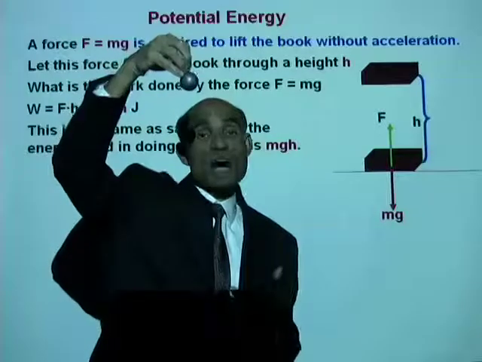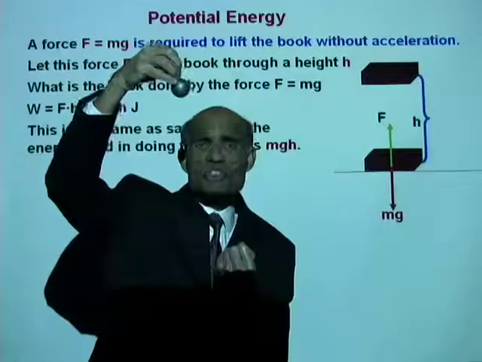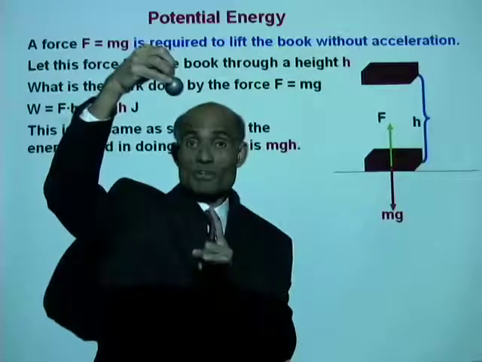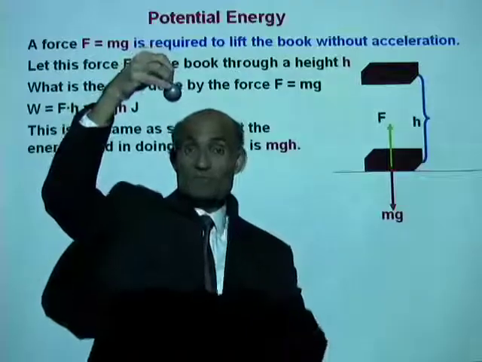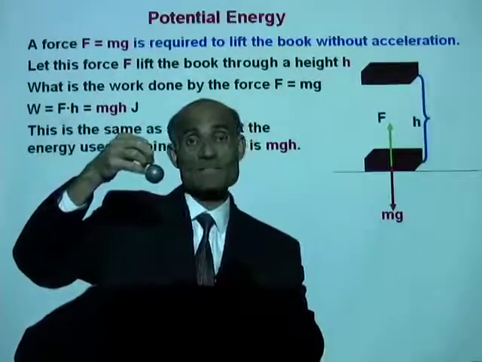That means I have now used up part of my lunch energy to do this work. How much energy did I use? I used mgh, that force multiplied by that height.